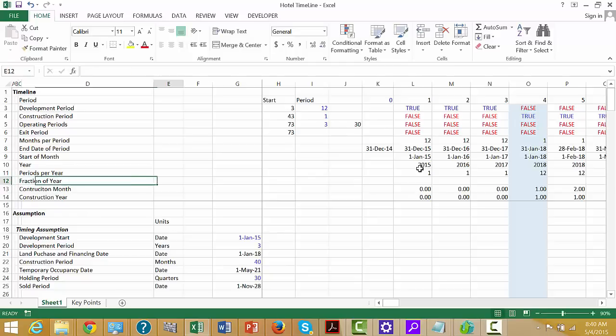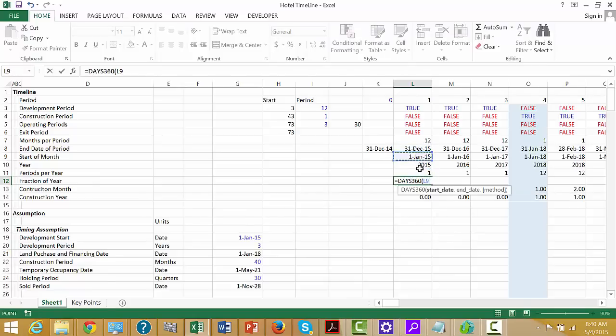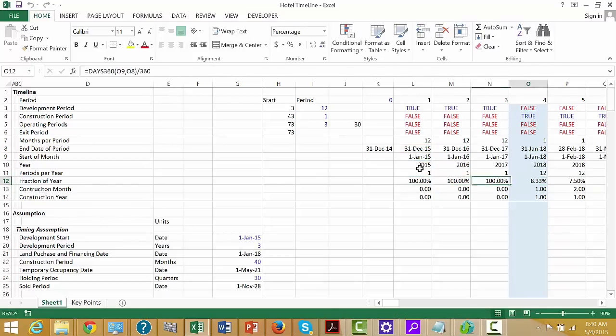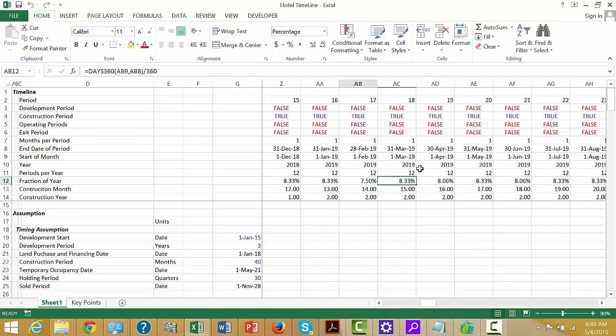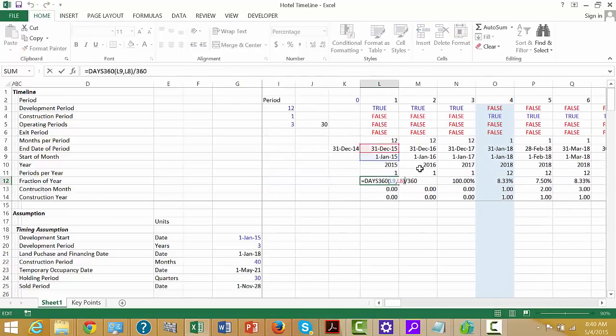Now instead of just frac year, I'm going to do days 360, and we take the begin date and the end date, and it gives us 360 days, and we divide it by 360. I suppose this didn't work as well as I wanted, so this is the start date.